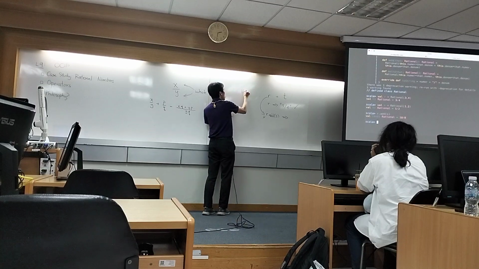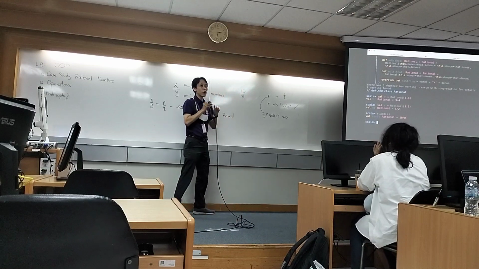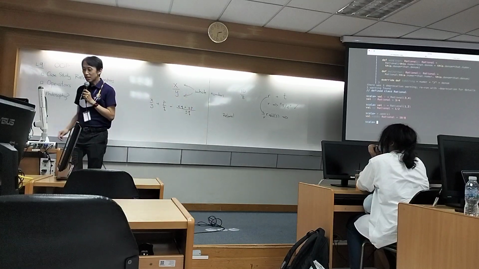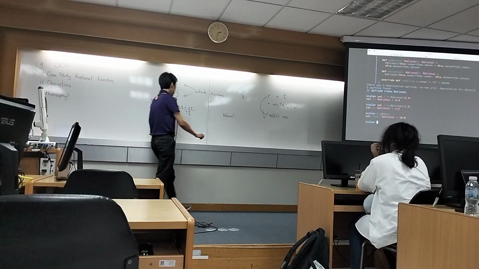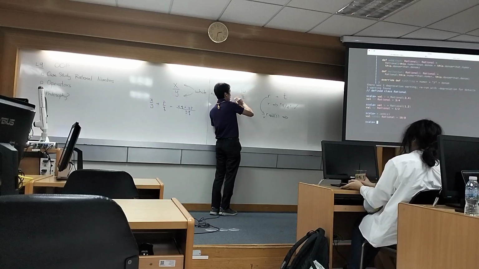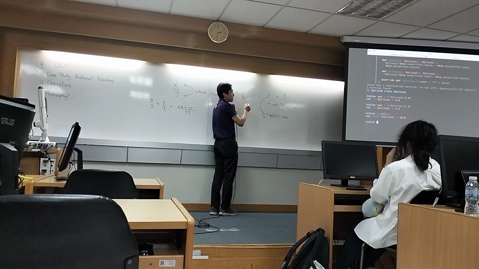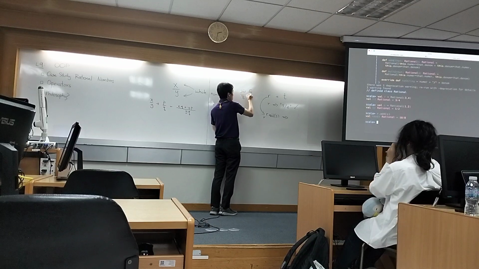So 10 over 8 is not in the lowest form because if you remember something from middle school, you remember that I can divide both the top and the bottom by 2, right? And this thing will be 5 and this thing will be 4. Yes.